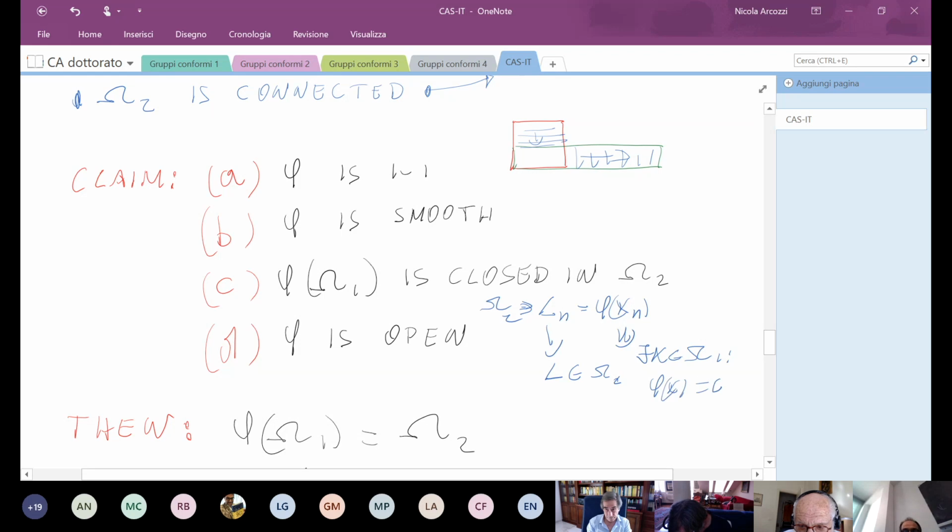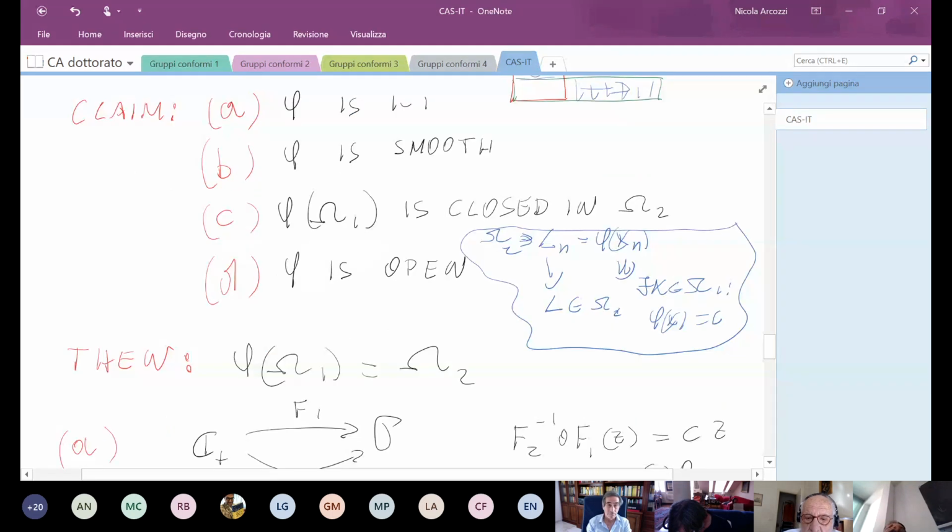Okay, that's just elementary topology, but I was never good with elementary topology. It's better to say it. And then last thing, it is that phi is open. Okay. After we prove all of these things, well, it follows that phi of omega 1 is equal to omega 2, right?